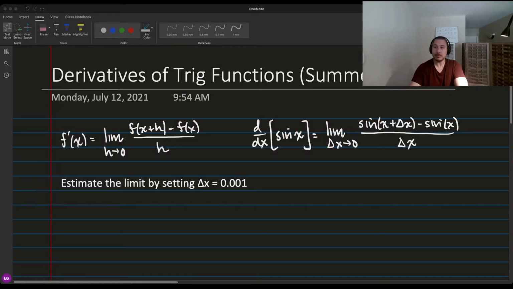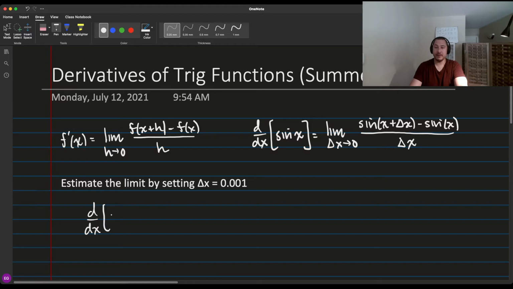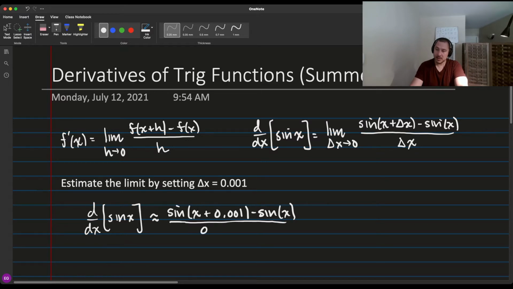So if we choose .001, we know that the derivative of sine x, whatever it is, is going to be pretty close to the sine of x plus 0.001 minus the sine of x all over 0.001. Okay, so this is pretty close to the derivative of sine.